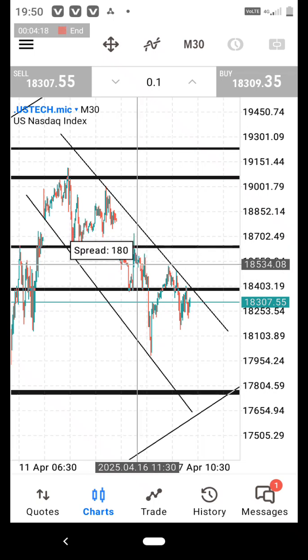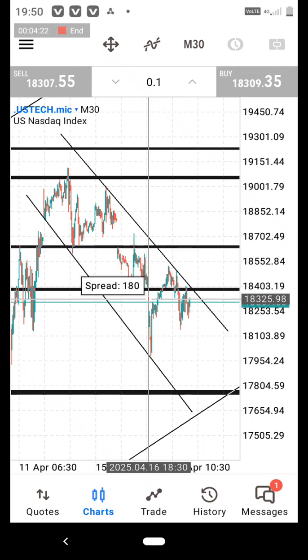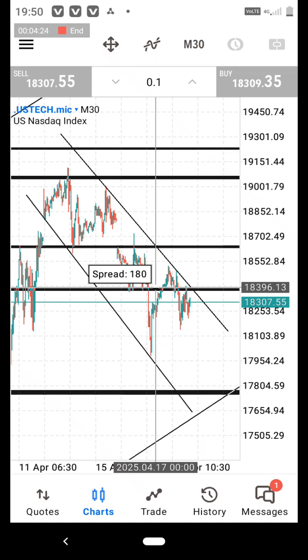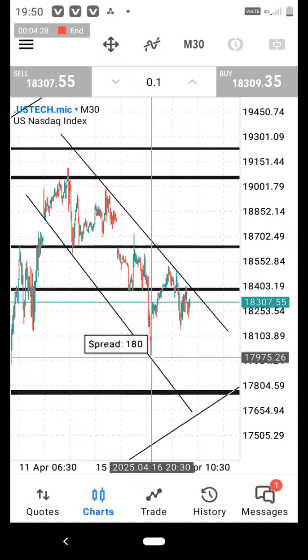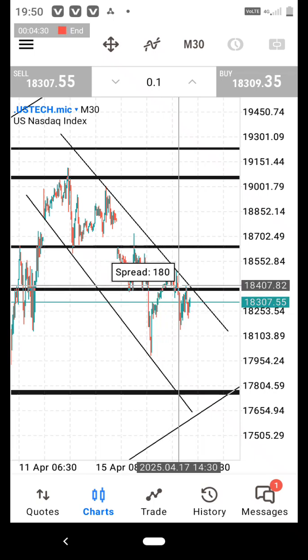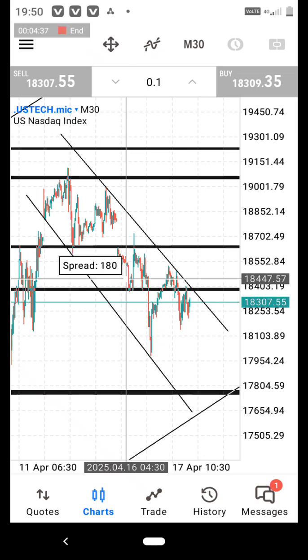So it went to this resisting point going down, broke this zone, which is support, going down, and then it respected it again. So we can see it was an impulse, correction, and impulse.